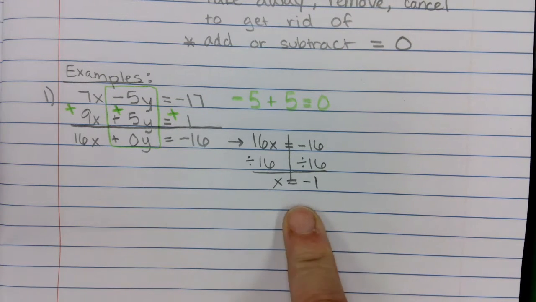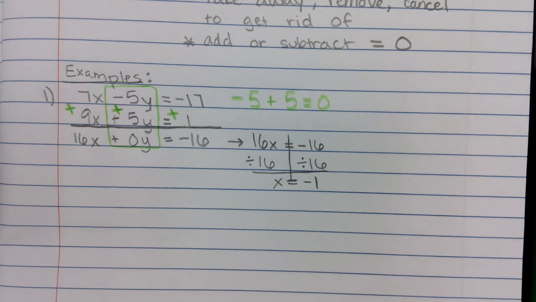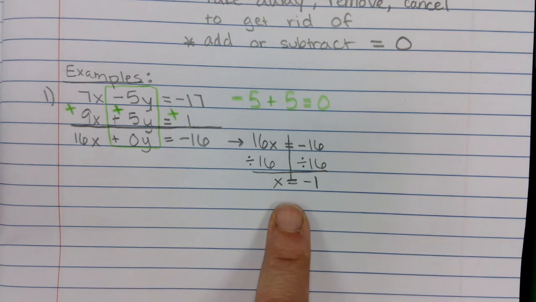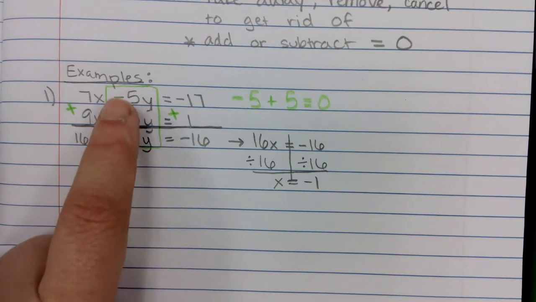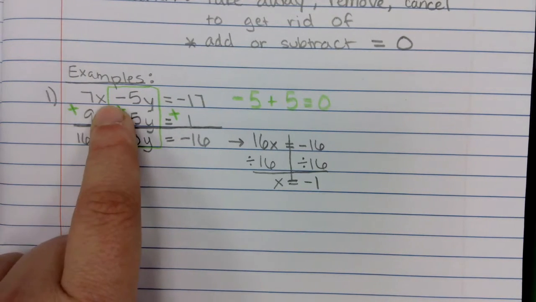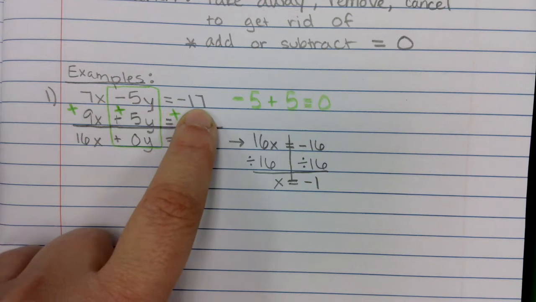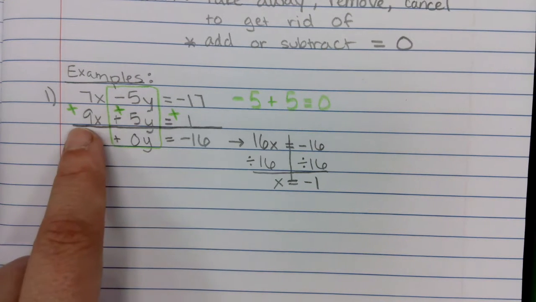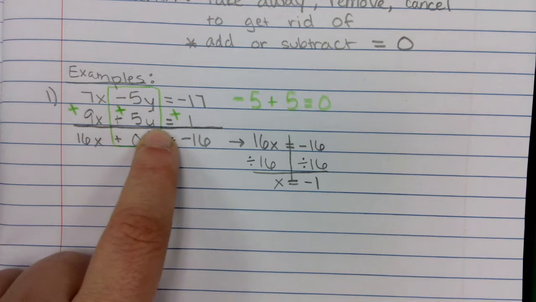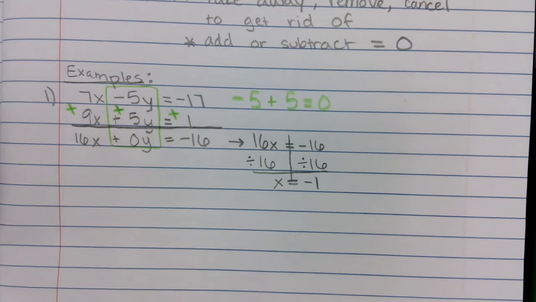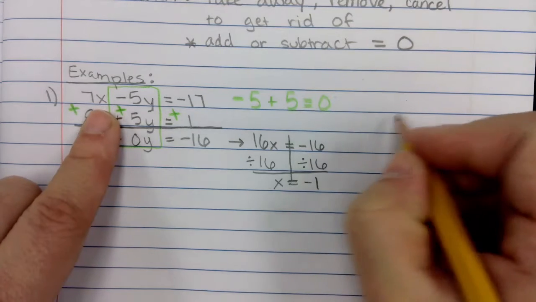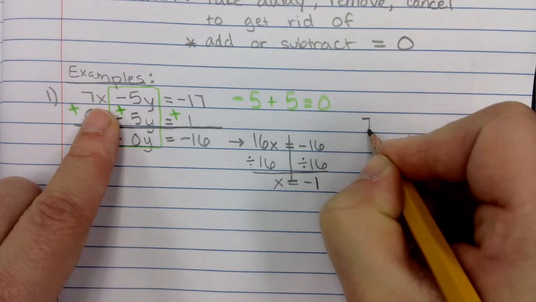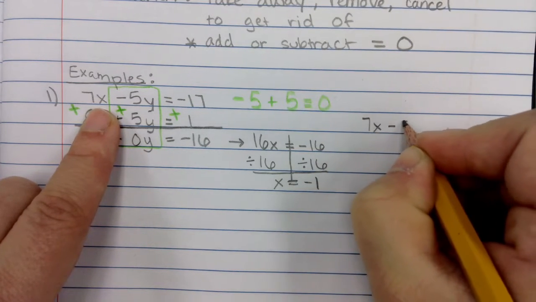Do you guys want to work with this top equation, 7x minus 5y equals negative 17, or should we work with the bottom equation, 9x? The top? Okay. At this point, you could choose either. There's not one you should choose or need to choose. So whichever, when you're doing your practice, whichever one seems simpler or easier for you, pick that one. Okay. So we have 7x minus 5y equals negative 17.